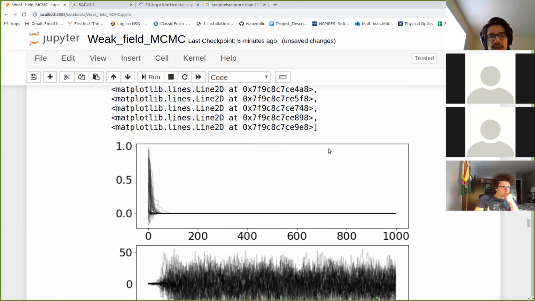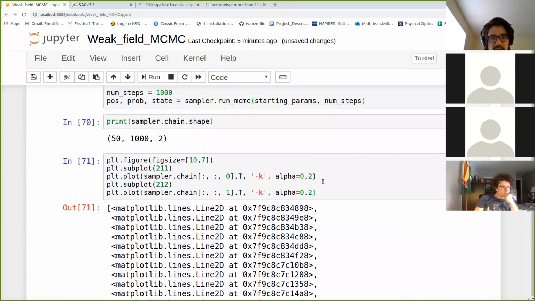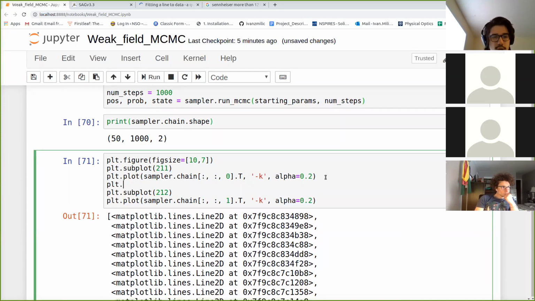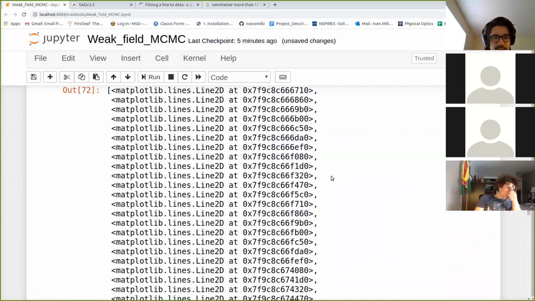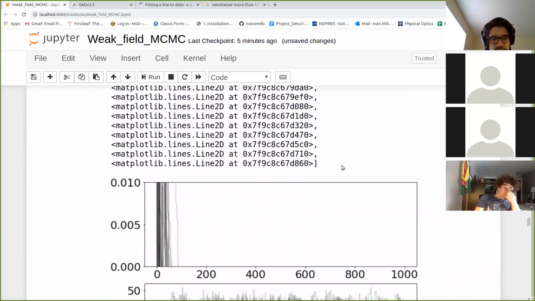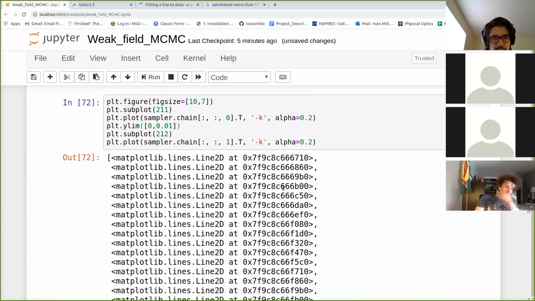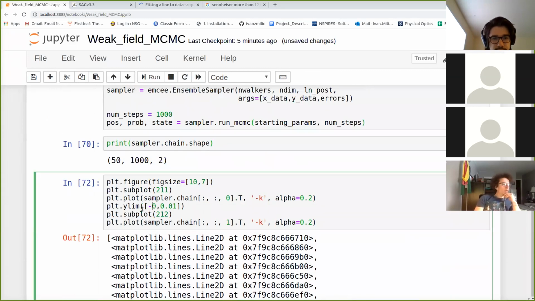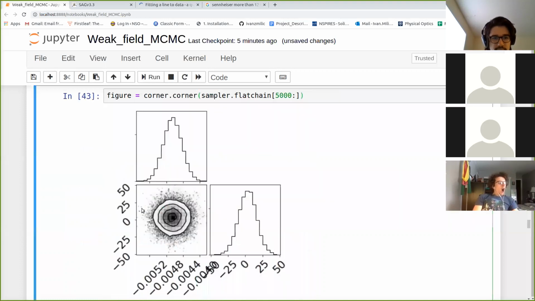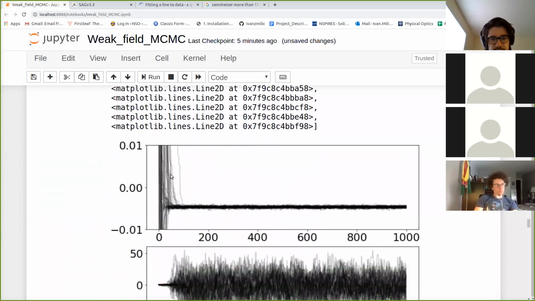So now if I zoom in on this point here, and I'm going to do this for the first one, I'm going to say plot y range, no, it's ylim, let's say minus 0.01, 0.01. You see now that that value is somewhere around minus 0.005 or somewhere like that.